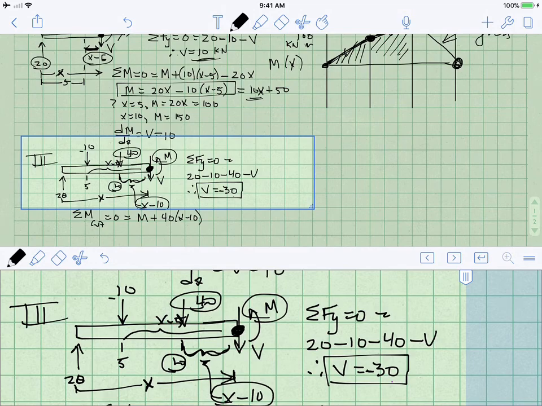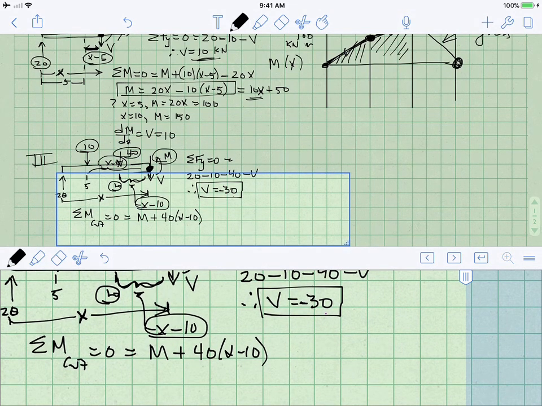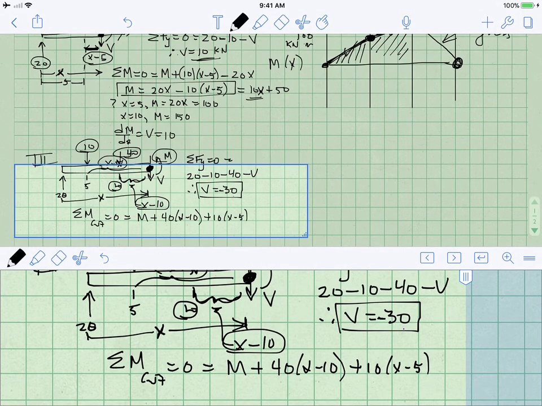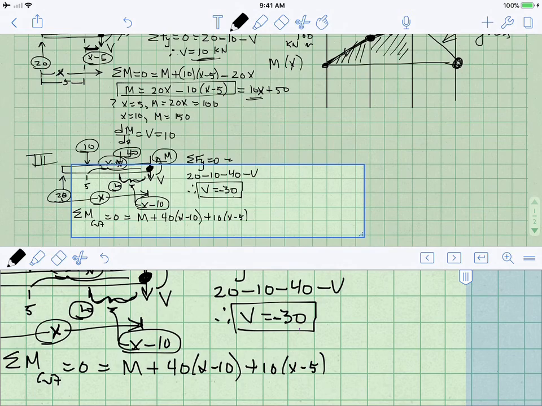We have a positive contribution from 10. We multiply it by x minus 5. We have a negative contribution of 20. Its distance from the cut is x, so we write minus 20x. That's all equal to 0.